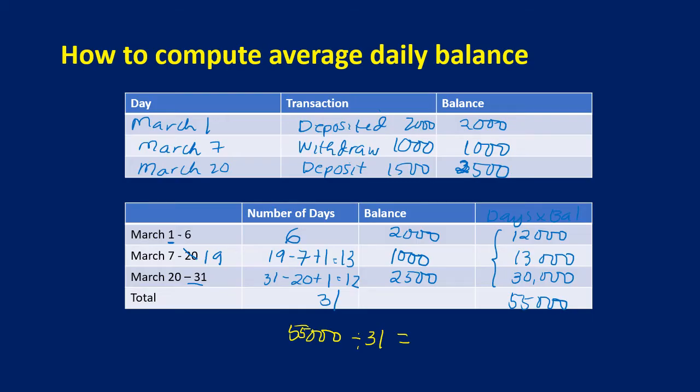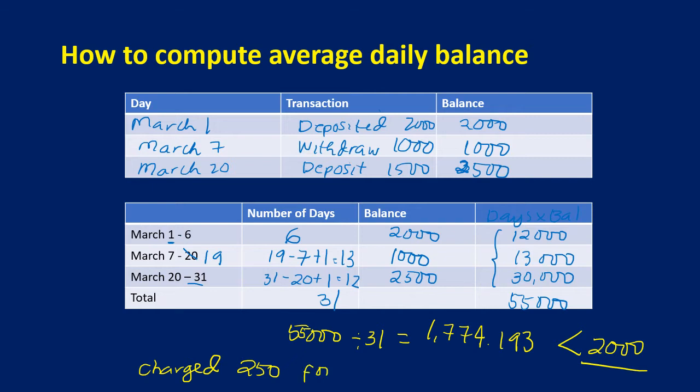You get 1,774.193, which is less than 2,000. So this means that you will be charged, let's say 250 pesos, for having a monthly average daily balance less than the requirement, which is 2,000. Okay?